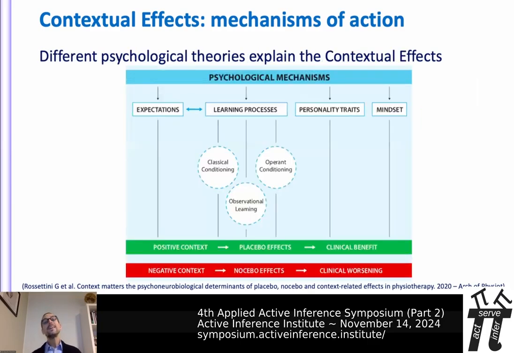The clinical effects of contextual factors can be explained through conscious and unconscious mechanisms of action, such as expectation, learning processes, personality traits, mindset, and even genetics. However, among the most important psychological theories, expectation, classical conditioning, and social learning are the most widely accepted.